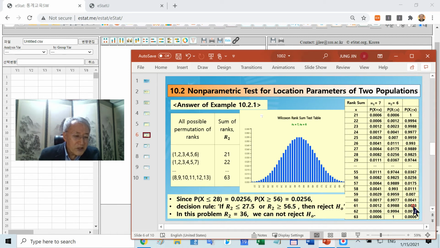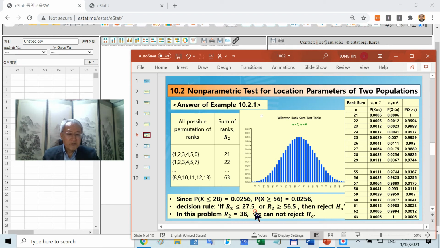After this value, you have 1.75%, this is 2.56%. Therefore, we take the average of them like this. If you select the critical line in this manner, it doesn't match your significance level exactly. That's true for all kinds of discrete distributions.